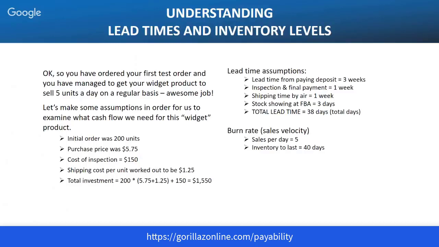Once the report is in your hands, you can go through it in detail, and we're assuming everything's okay. You give the go-ahead to your supplier, saying, "We've had our inspection report and we're happy. You can now send us the final invoice, and we will pay so we can get these products shipped out to Amazon." That lead time is going to be about a week. So we're talking about 4 weeks to start with: 3 weeks for manufacturing, and 1 week for inspection and for you to pay that final balance.